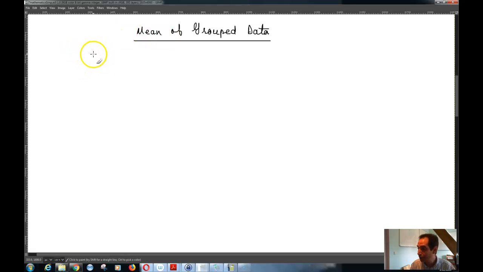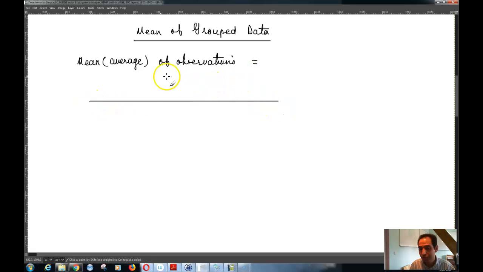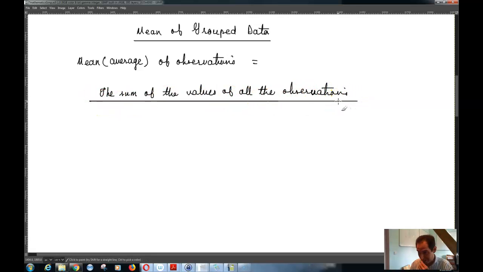So we already know that the mean or average of observations is equal to the sum of the values of all the observations divided by the total number of observations.